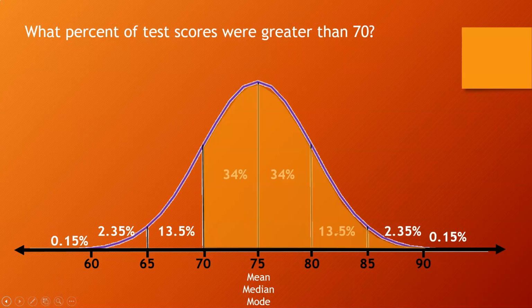Or alternately, what we could do is recognize that because this curve is symmetric, the area from our mean of 75 all the way to the right tail of this curve has to be half of the area, which means we want that 50% that we see in blue plus the 34% that's between 70 and 75 for a total area of 84%.